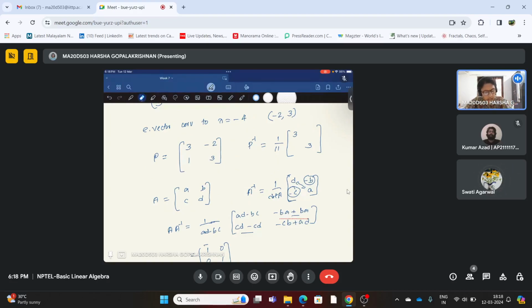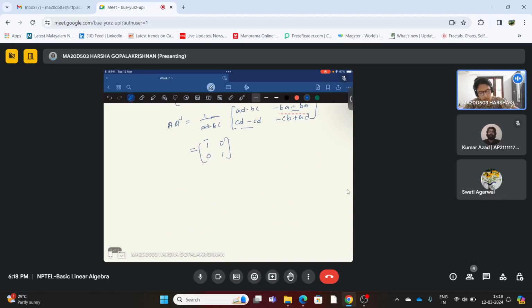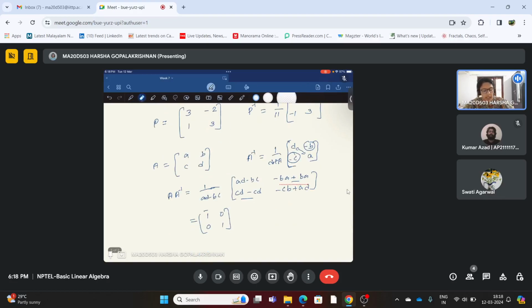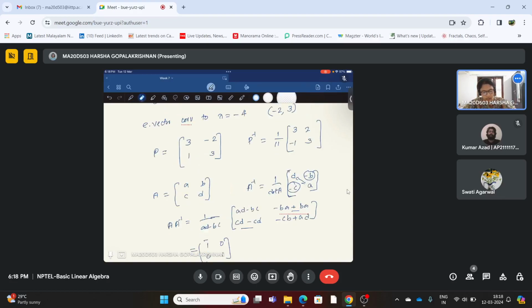So here, interchanging means again 3, 3 will come, and what will come at the 1 2 position? The same thing with negative, that is 2, right? Yeah, 2, and here it is minus 1. You can check whether P inverse P comes to the identity or not. Okay, so we got P inverse, fine.